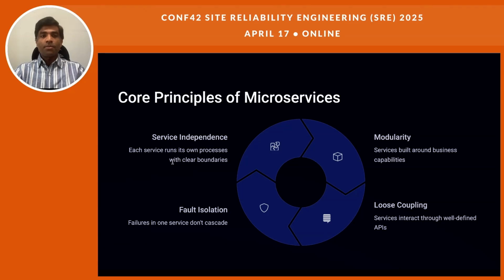We have DevOps and continuous delivery alignment, where each of the microservices can have its own DevOps pipeline using CI/CD practices. And we have observability and monitoring, where each of the teams can detect, diagnose, and resolve issues quickly, just in case issues arise with these microservices.